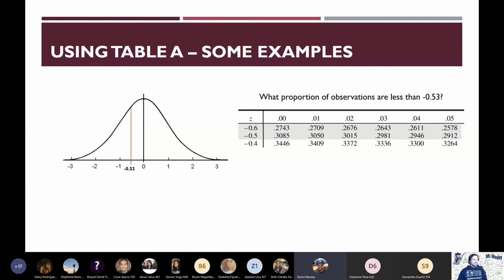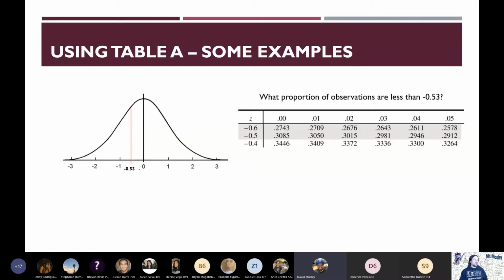So let's look at an example. What proportion of observations are less than negative 0.53? So we've got a copy of our standard normal distribution here, and I've marked approximately where negative 0.53 is.